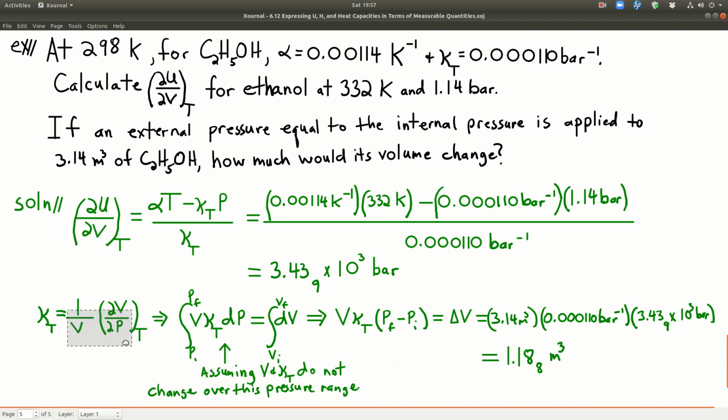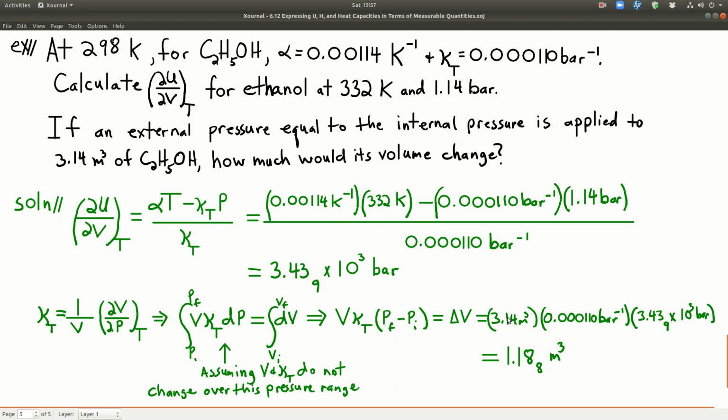Take these bottom terms, bring them over here, integrate from initial pressure to final pressure. And on the right-hand side we just have the integral of dV from one volume to the other. We're going to assume, and it's a pretty good assumption, that the volume and the isothermal compressibility do not change over this pressure range, so we don't have to worry about their functional dependence. We can just pull them out front of the integral. So we get volume times kappa T times delta P is equal to delta V.